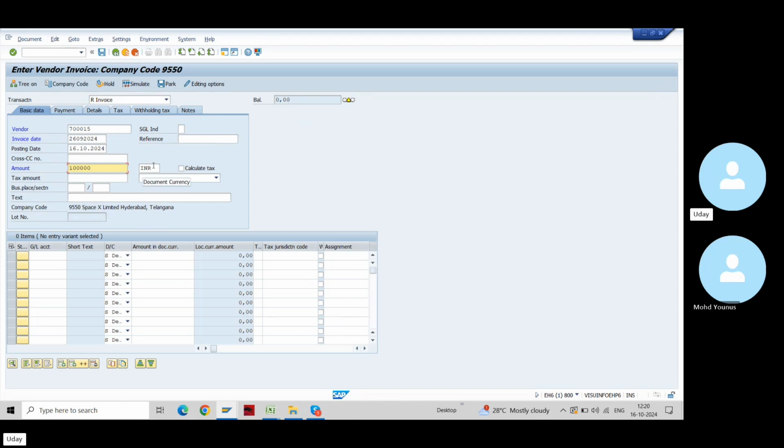Here you can see the currency field. Here you can give it manually.